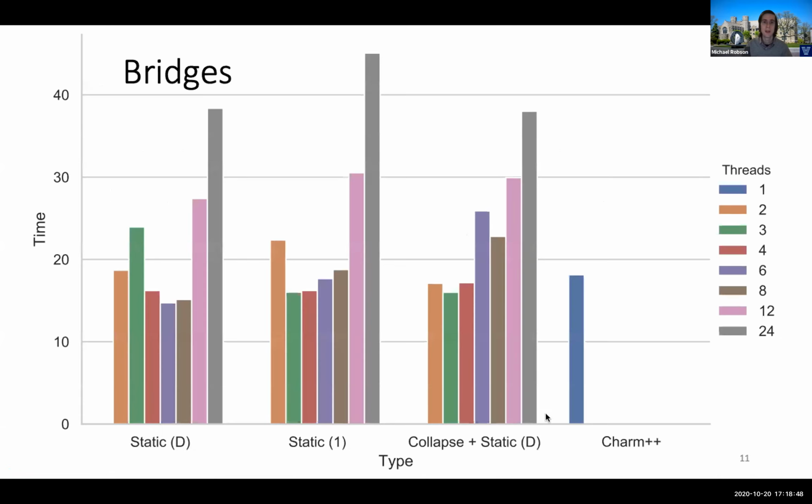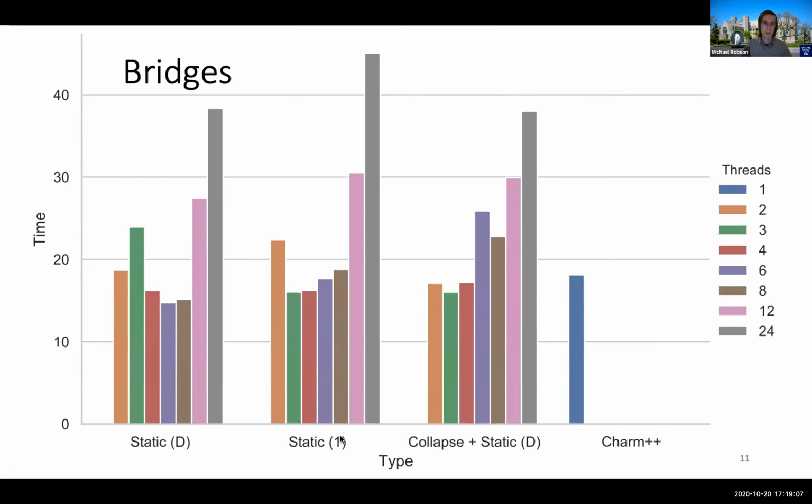On Bridges, we ran a couple of experiments. As a baseline, we have Charm++, which in this case has a single thread per core. This is the non-OpenMP case, and that gives us a baseline to compare against.